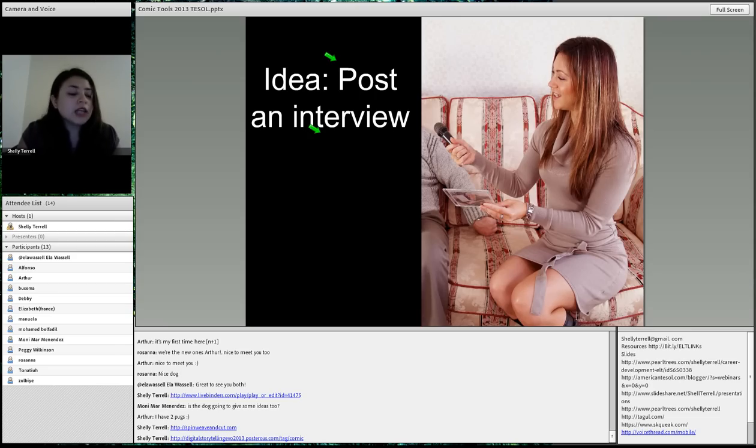You can use Jing.com if you don't have a Mac. If you have a Mac, I believe Command Shift 4 will take a screenshot. So it's much easier on a Mac, I think. But that's one trick, and you definitely want to go ahead and use the comic creation tools.